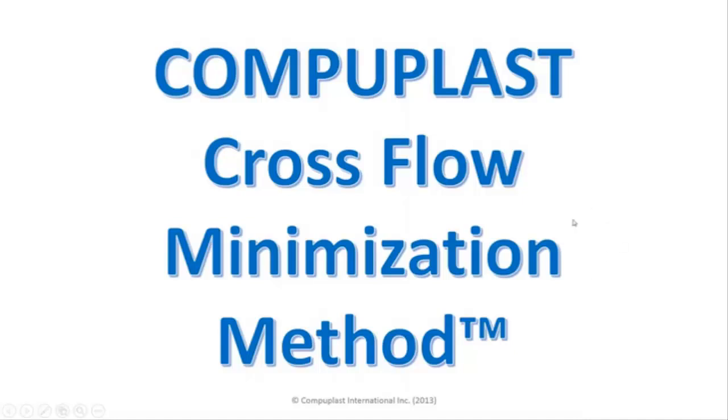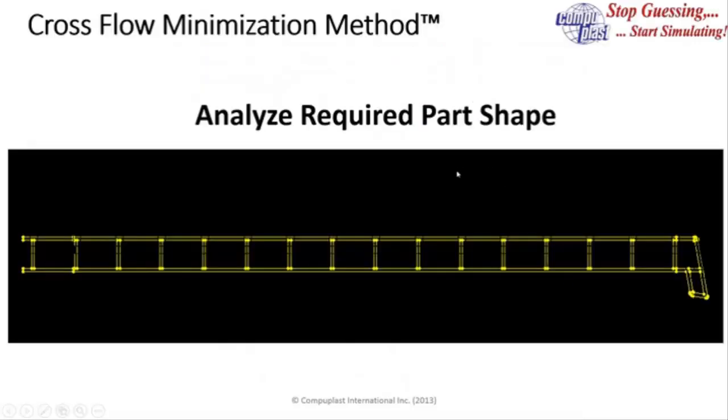And I just want to go briefly over that because this method is meant to be used in association with the Virtual Extrusion Laboratory profile die module. So the first part of applying the cross-flow minimization method is to analyze the required part shape. Within the Virtual Extrusion Laboratory, we can import the cross-section and subdivide it into different domains, subdomains.